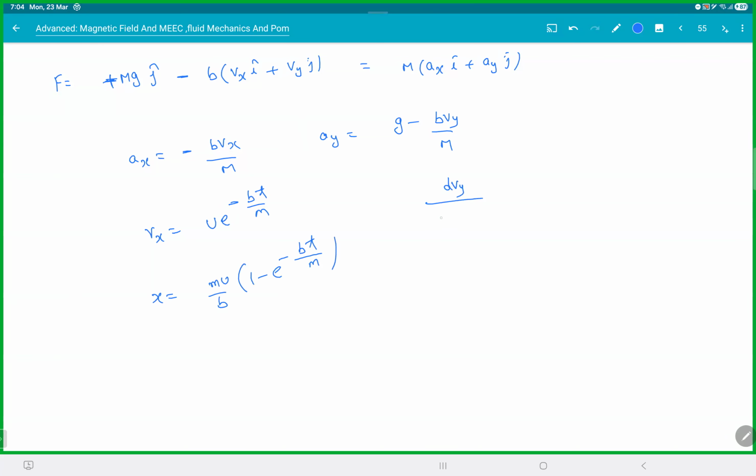And this thing again, we have to integrate. So dvy by g minus b vy by m, integral is equal to dt. Integrate this, this will give you vy. Integrate this, it will give you the y coordinate.